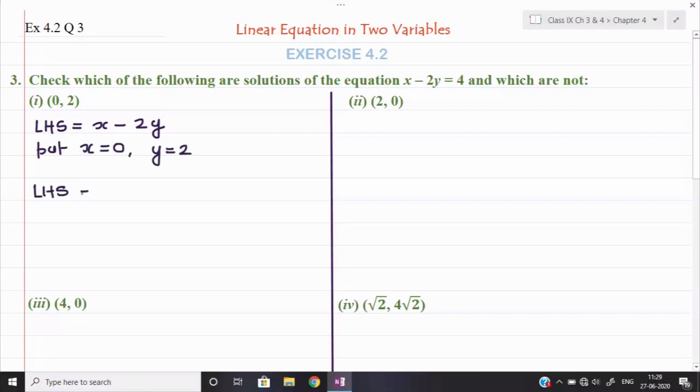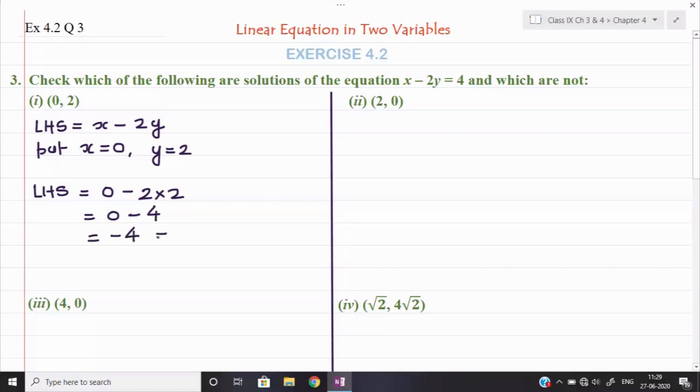So LHS will be 0 minus 2 into 2. First of all we shall multiply, so it will be minus 4, and 0 minus 4 is equal to minus 4.